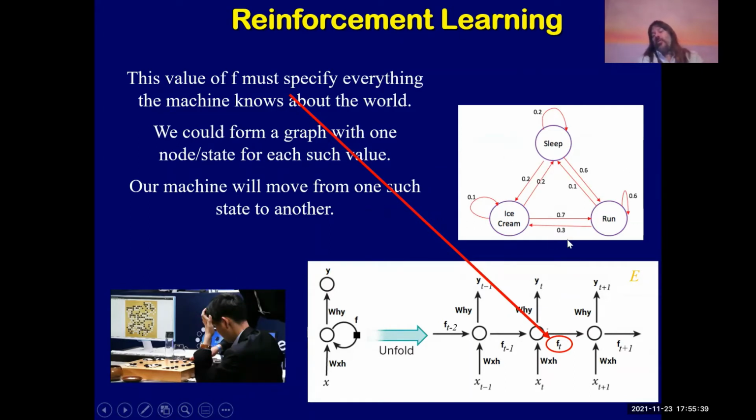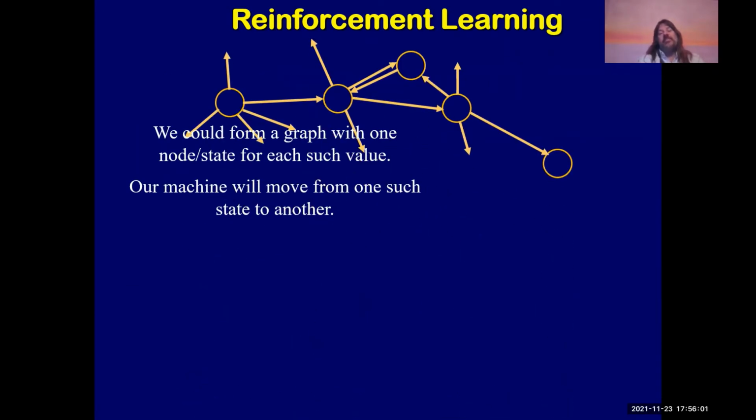And so we're going to represent it by this graph, where these values here tell me that I'm eating ice cream, and then something happens, and then I'm in the state where I'm sleeping, right? Does that make sense? And our machine is going to move from one state to another. So here he is, our machine moving from different states.